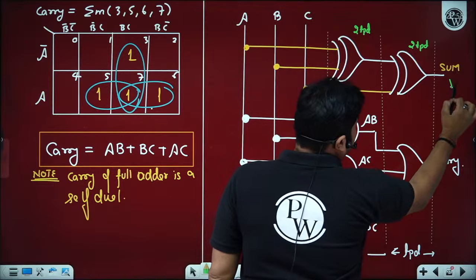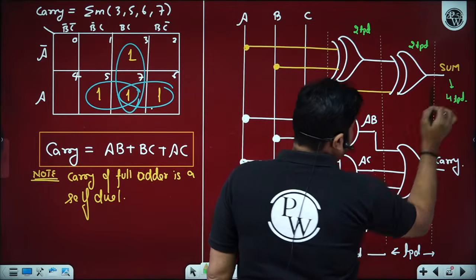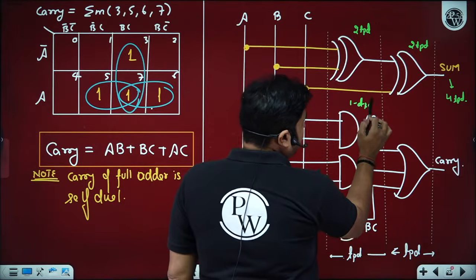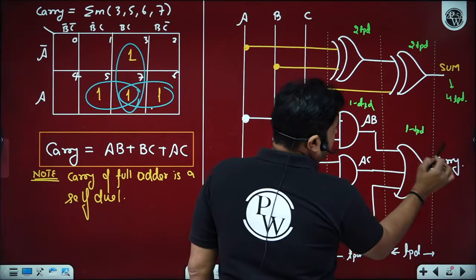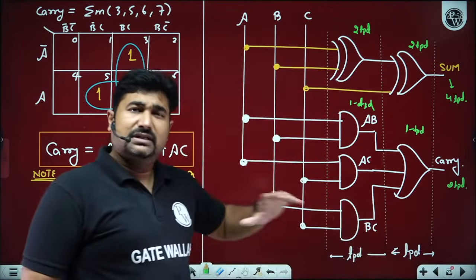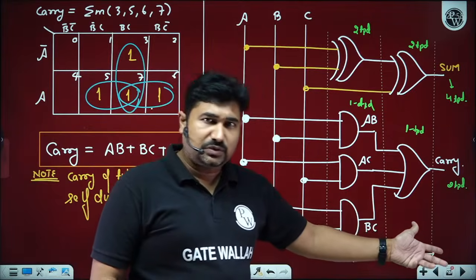It means sum bit will be available in 4 TPD time. However, here 1 TPD time and 1 TPD time. So this will take 2 TPD time. If we go with a minimized carry expression, then carry generates faster. Is it okay? No doubt.